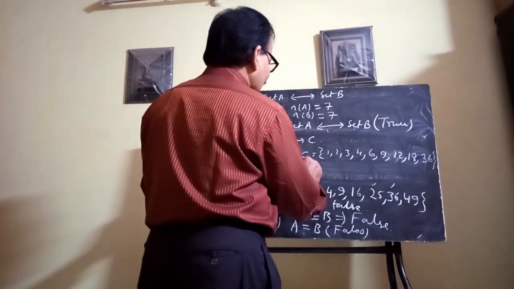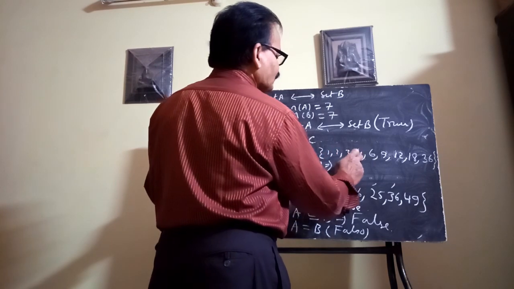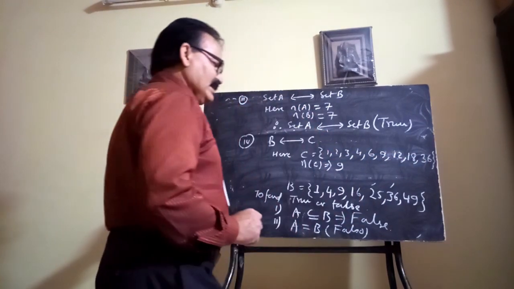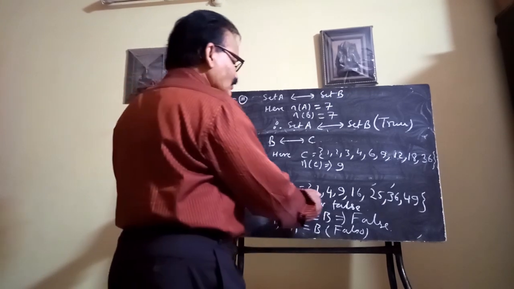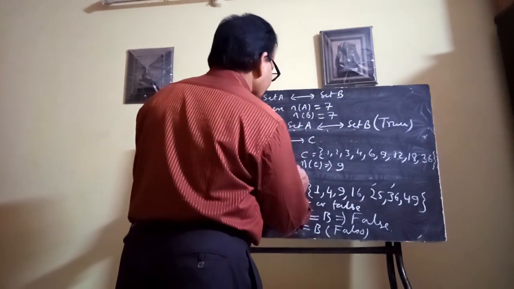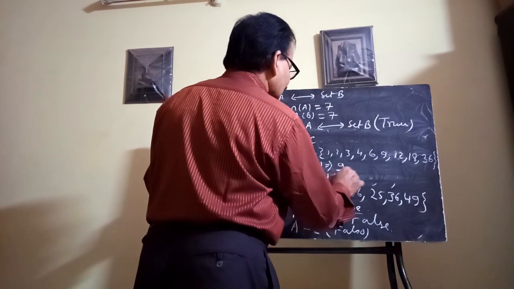So what is the cardinal of C? 1, 2, 3, 4, 5, 6, 7, 8, 9. Here cardinal of C is your 9. But cardinal of B is how much? 1, 2, 3, 4, 5, 6, 7. And cardinal of B is your 7.